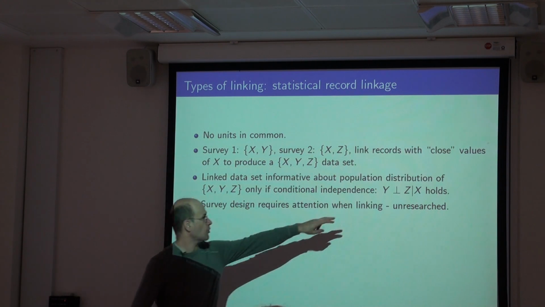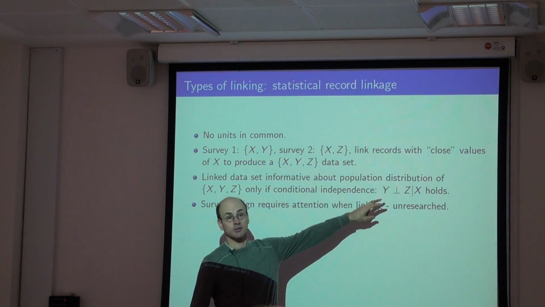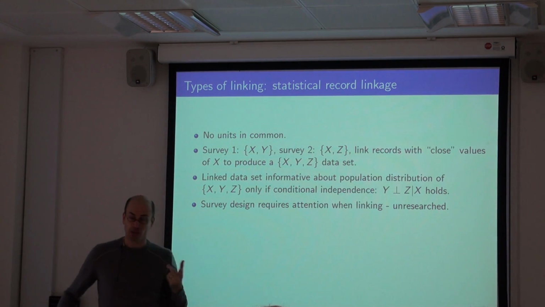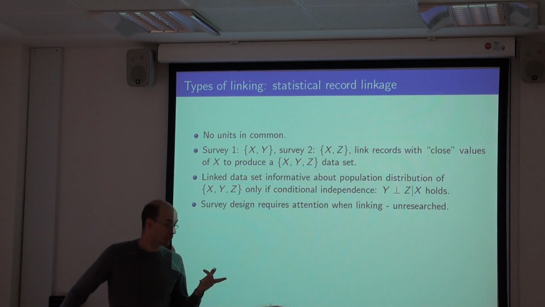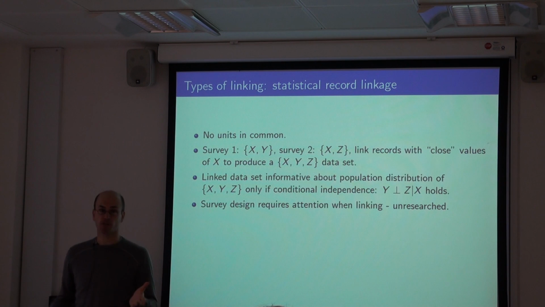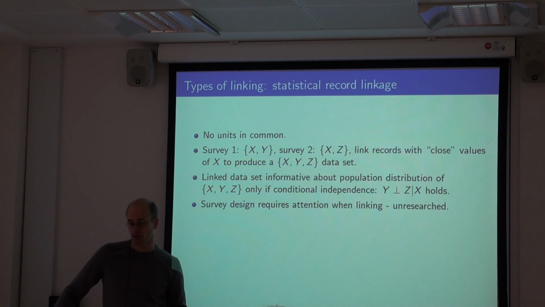So, I mean, this is a strong piece of information about the joint distribution of y and z. It's saying they're independent, but suppose you knew that they were jointly normal and had some non-zero correlation. You could proceed in exactly the same fashion. It's a different piece of information, but it's sufficient information to do the statistical record linkage.